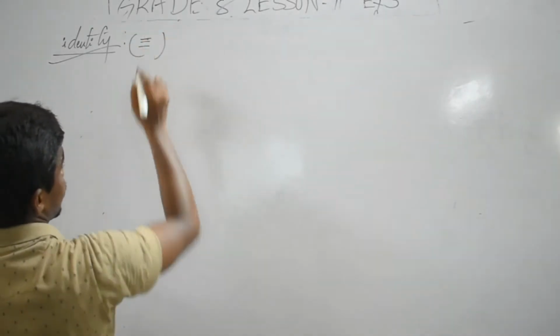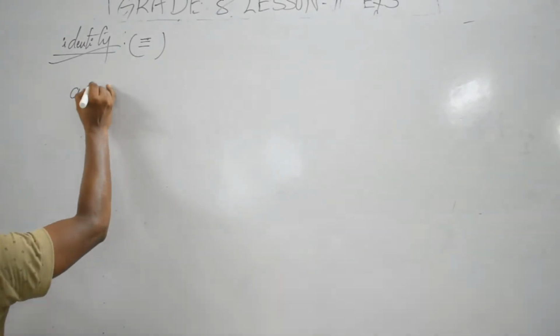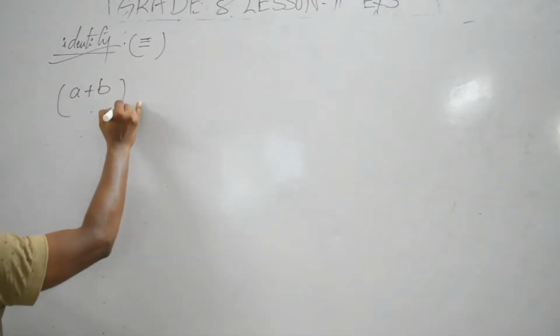This is the identity symbol. So a plus b whole square. A plus b whole square. This is very important. So a plus b whole square.